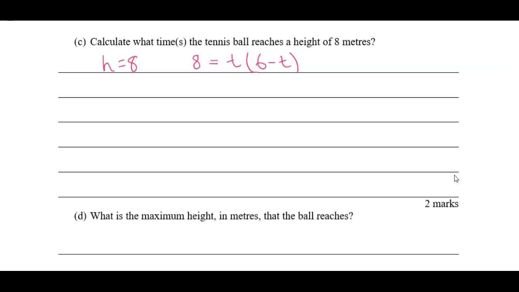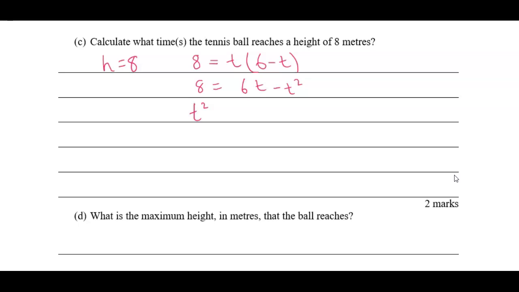Okay, so what we need to do is expand this side here. So we've got 6 times t and then minus t squared. I'm going to put everything over this one side. Now, it's much easier if your t squared is positive, so I'm going to bring that over to the left-hand side.